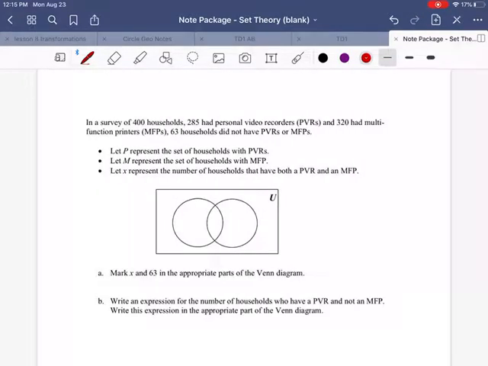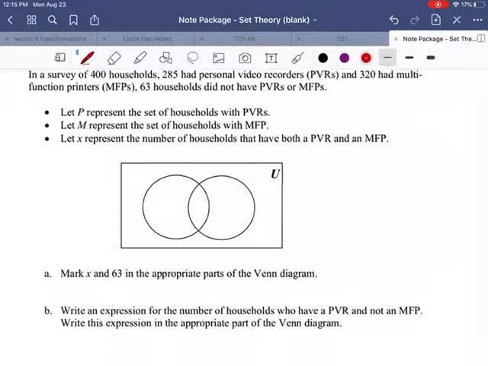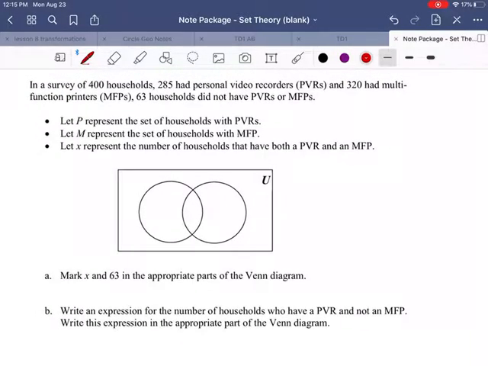All right, last page here. In a survey of 400 households, 285 had personal video recorders, and 320 had multifunction printers. 63 households did not have PVRs or MFPs. All right, so let's figure out something here. We've got the PVRs, the MFPs, and some other information. Let's start with the 63 households that did not have PVRs or MFPs.